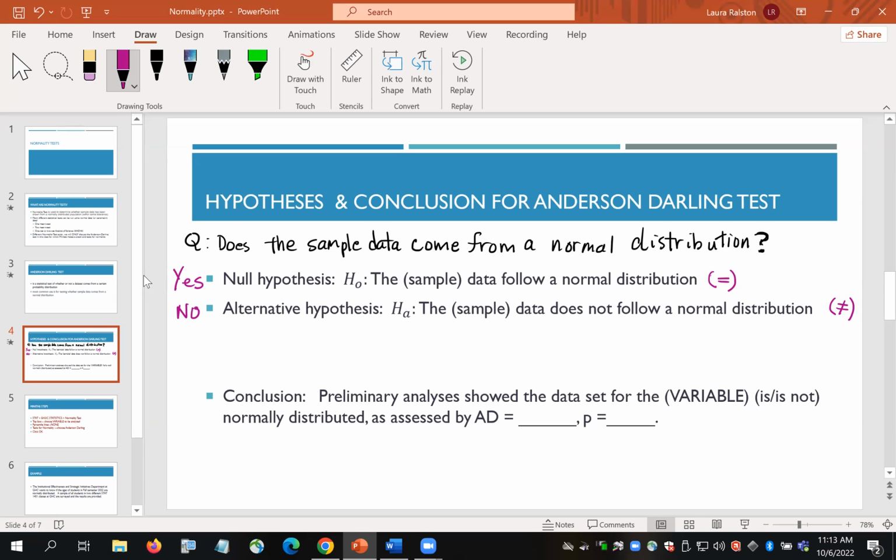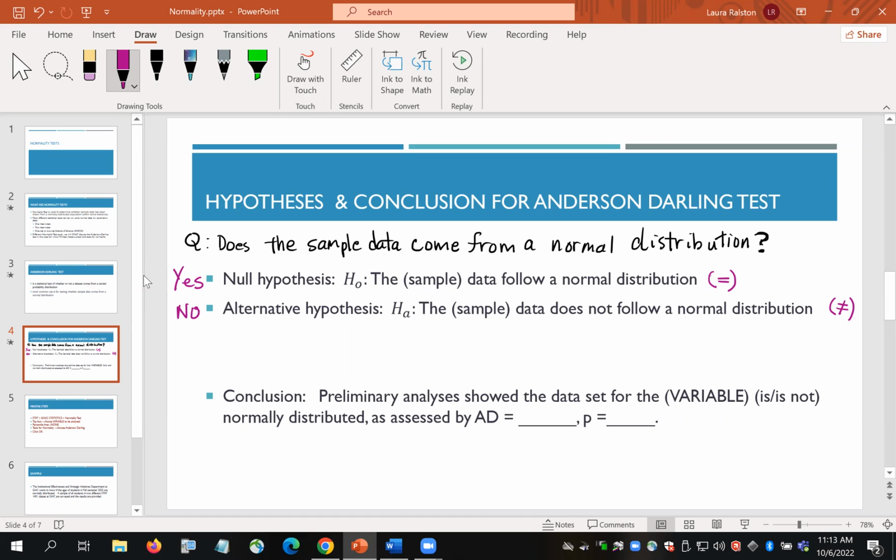And so using the word equal here is stated by saying it follows a normal distribution. The alternative is the exact opposite, which would be not equal, and the phrasing is does not follow a normal distribution. And then we're going to gather our evidence by calculating the Anderson-Darling test statistic.